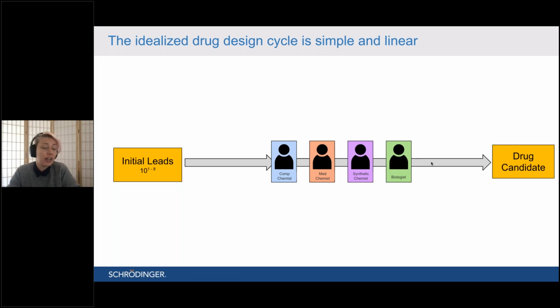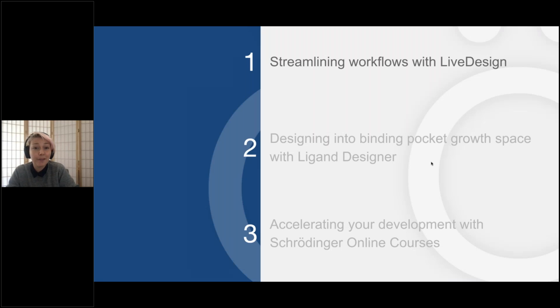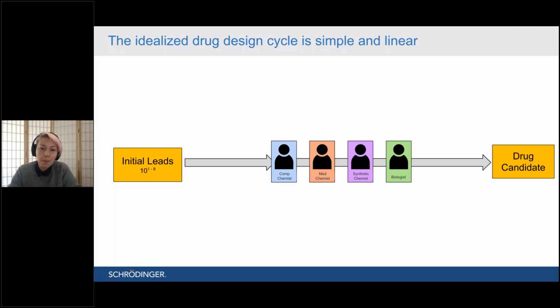So let's start by looking at the first of these, streamlining workflows with LiveDesign. I think it's really common for many of us that have been involved in drug discovery and drug design to initially think of drug design as a linear process whereby different teams pass information along, and you may well have been a medicinal chemist or a synthetic chemist in this lineup, and you expect to have information supplied to you, and then it goes through the testing process, and you come out the other end with a drug candidate.